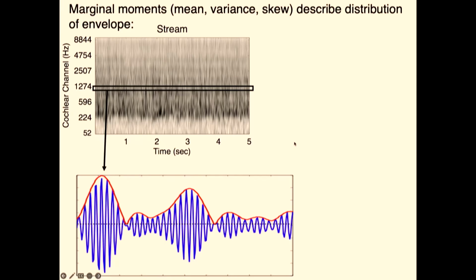Okay, so this is what we're dealing with here, right? This is what we often call a cochleogram. The y-axis here you can think of as the cochlear channel or the place along the cochlea. So remember, the cochlea is tuned for frequency. What frequencies are transduced near the base of the cochlea?